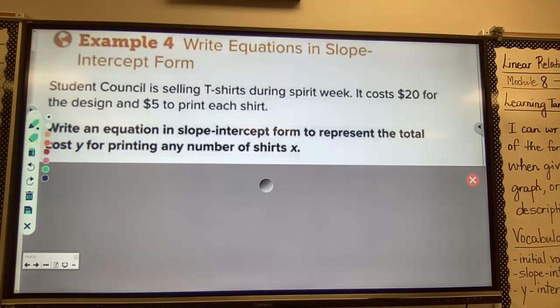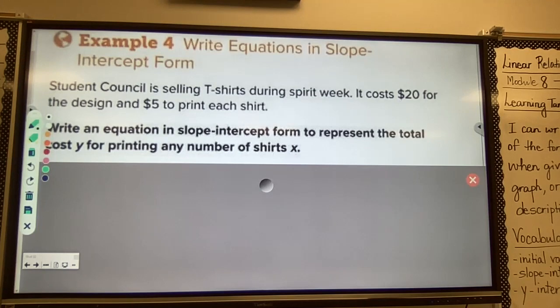So we are going to find the slope and y-intercept, and the slope represents the rate of change or cost per t-shirt. It costs $5 to print each shirt. And the y-intercept represents the initial cost of the design.